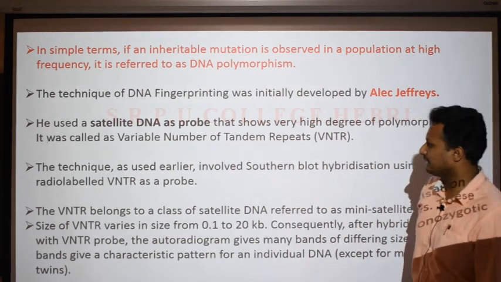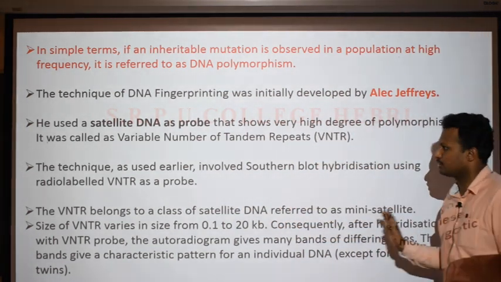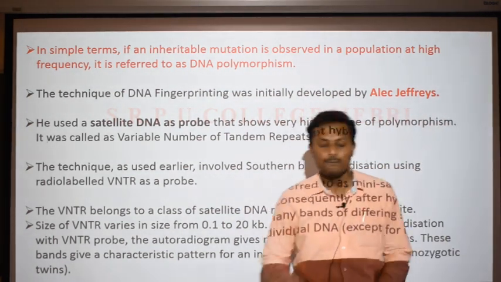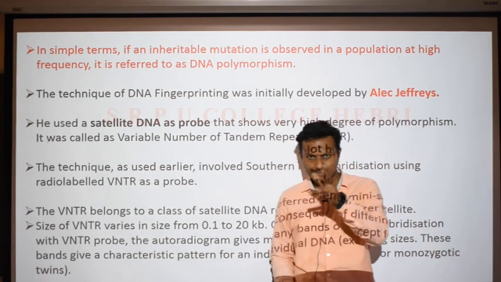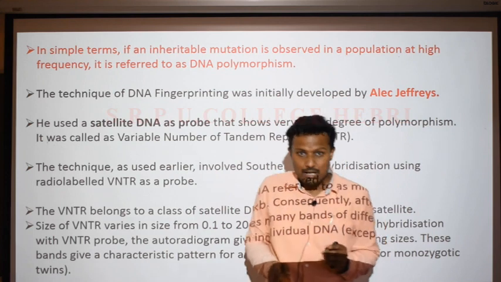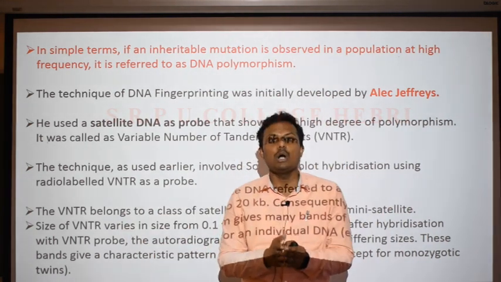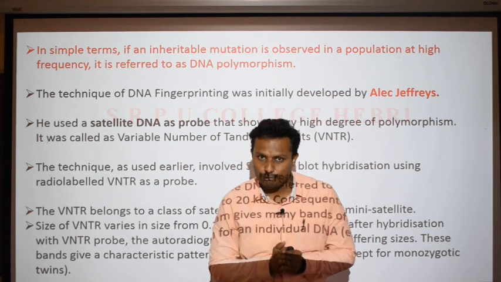This technique involves Southern blot hybridization using a radio labeled VNTR. Here we cut the fragments of the DNA into smaller pieces, and then subject them to separation. There is a technique called agarose gel electrophoresis.